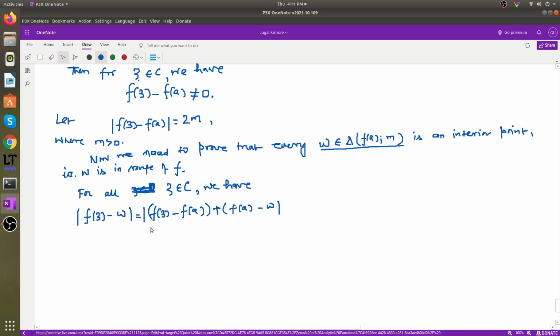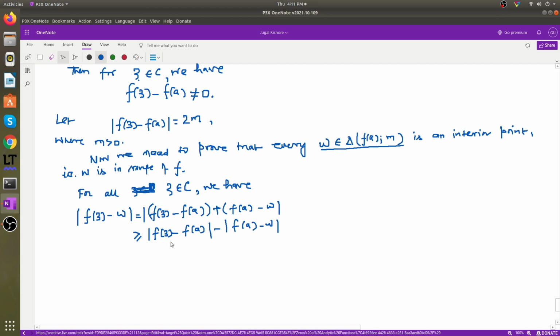Now using the triangle inequality, this is greater than or equal to the modulus of f(zeta) minus f(a), minus the modulus of f(a) minus w.